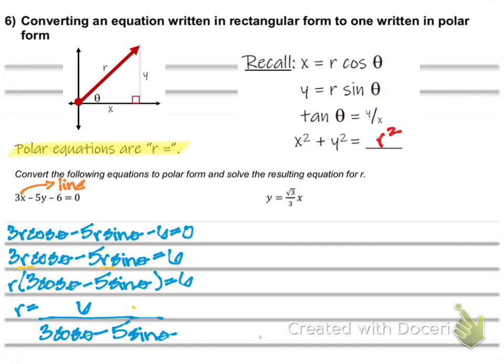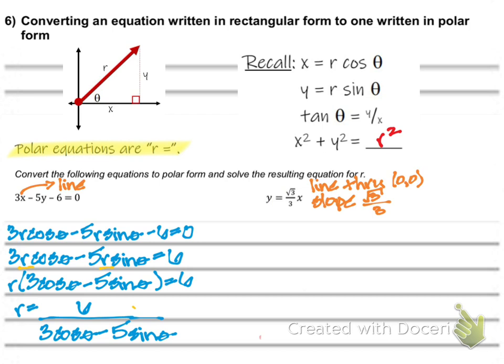So on the second guy here, this is like y equals mx plus b. It's already in that form. So this would be a line through the origin, and it has a slope of root 3 over 3. Just kind of want you to keep that in your head.